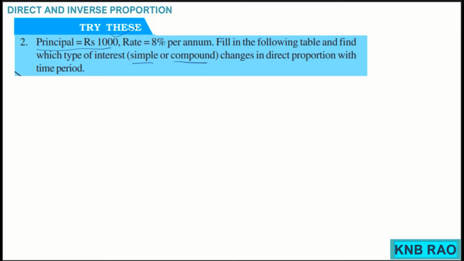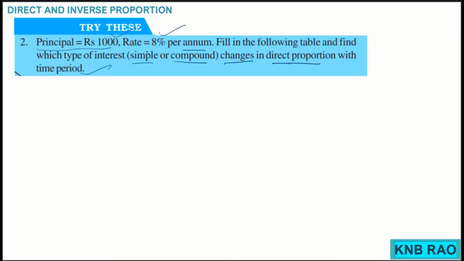Here we are given principal 1000 rupees, rate of interest 8% per annum. Fill in the following table and find which type of interest changes in direct proportion with the time period.